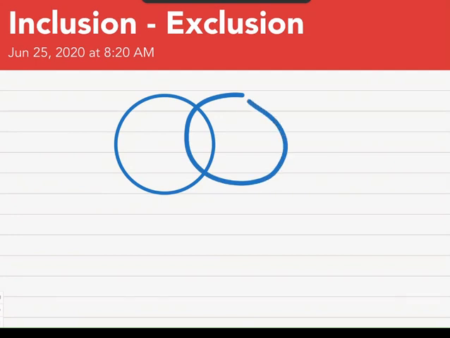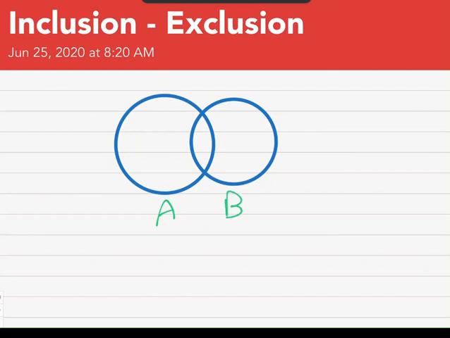All right, so if I draw event set A and event set B, when I take the probability of A union B, the first part, when I take the probability of A, I am getting this intersection counted once.